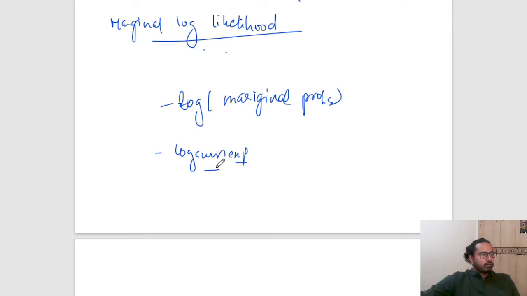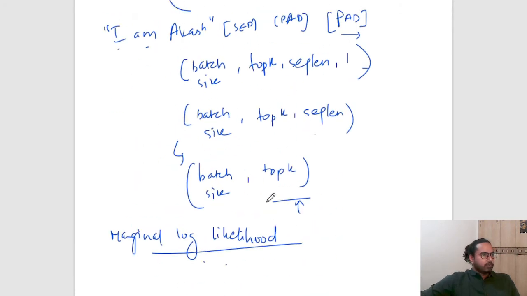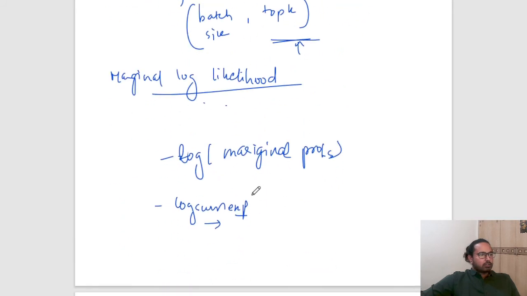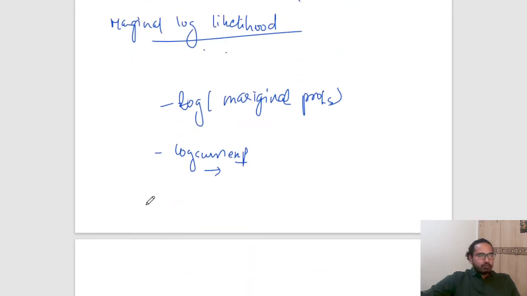And then when we do the sum, we do it in the dimension of top k. So when we do all this operation, what we get is a tensor of shape batch size, which is the loss value for our RAG sequence model here. And if we want, we can further sum it to get one single loss value.